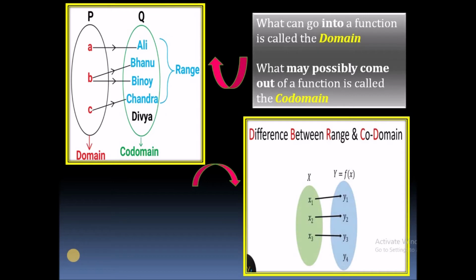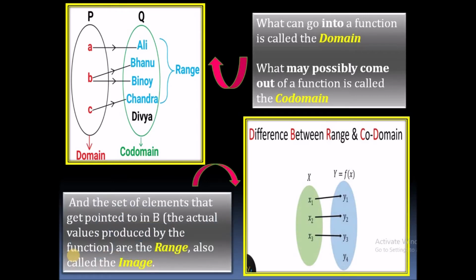Now the difference between range and codomain. The set of elements that get pointed to in B, the actual values produced by the function, are the range, also called the image. So students, here set P is said to be the domain and set Q is said to be the codomain. And what all elements get pointed? For example, Ali, Bhanu, Binoy, Chandra.